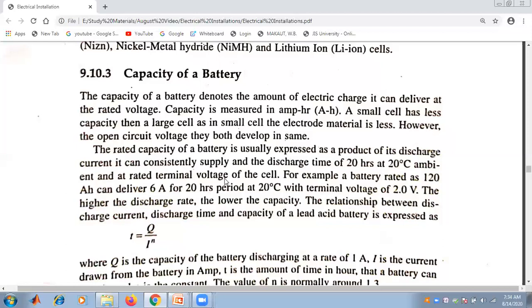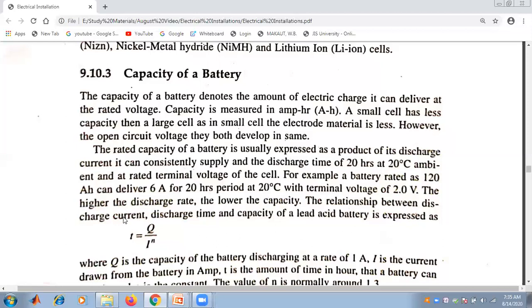With an example, we can understand that a battery rated as 120 ampere hour can deliver 6 ampere for a 20 hour period at 20 degrees centigrade with a terminal voltage of 2.0 volt. This is the major concept while calculating the capacity of a battery: the higher the discharge rate, the lower the capacity.